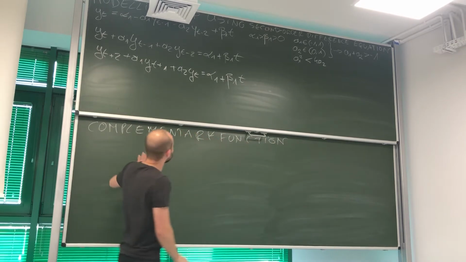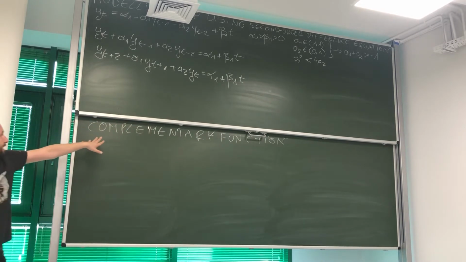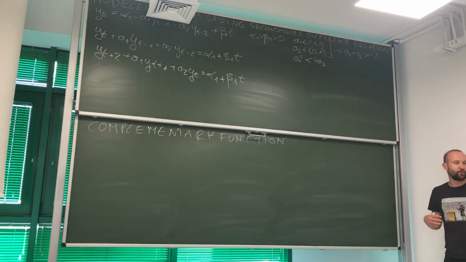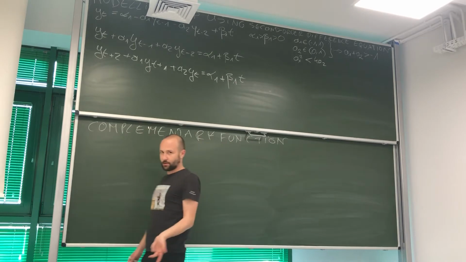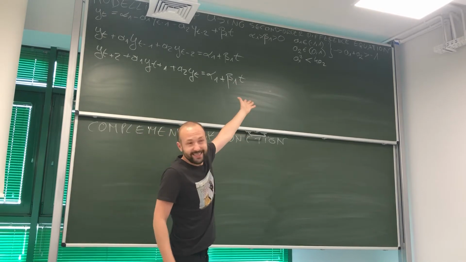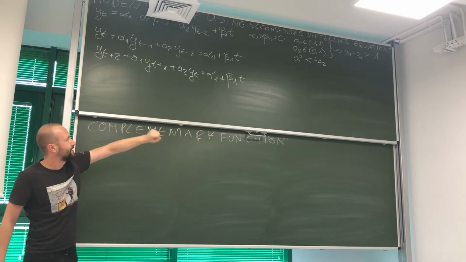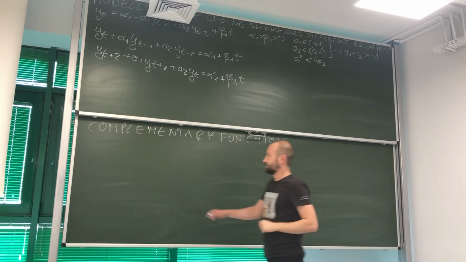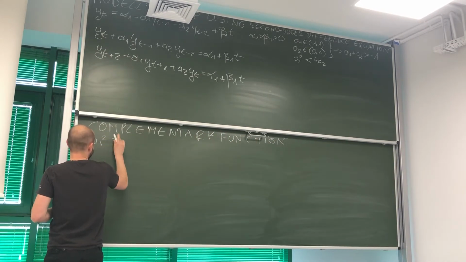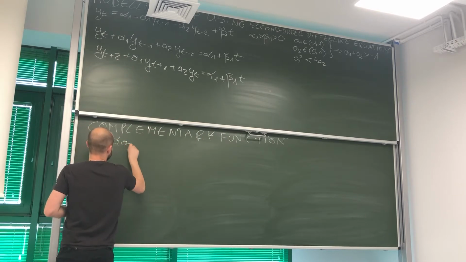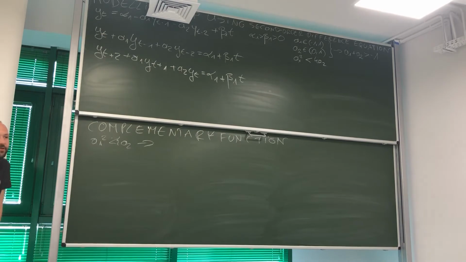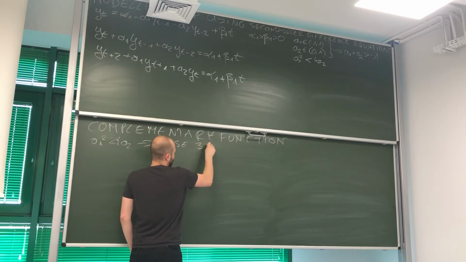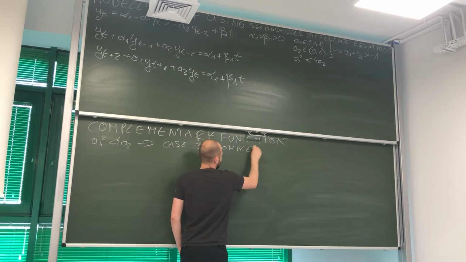Right off the bat, when talking about the complementary function, we should distinguish which of the three cases we have: distinct roots, repeated roots, or complex roots. However, in this case, as we've got by assumption that a1 squared is lower than 4a2, this implies that, of course, we've got case number 3, which is complex roots.